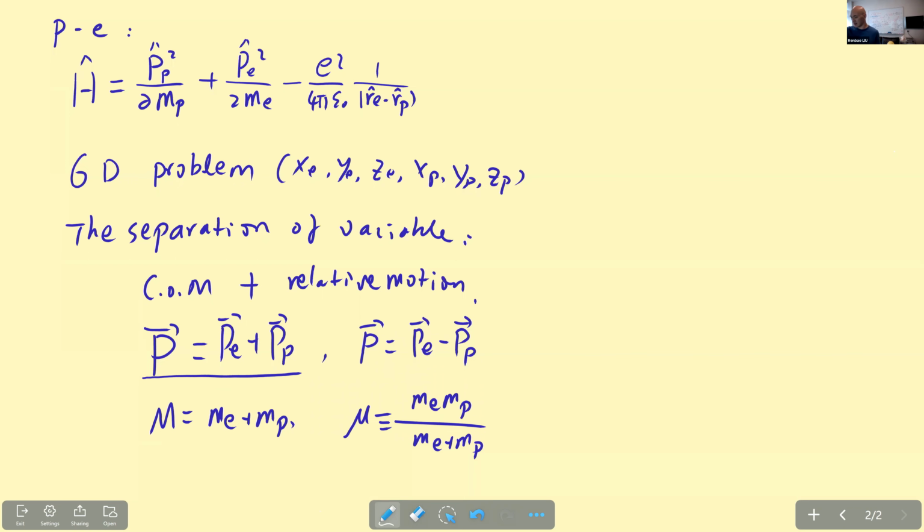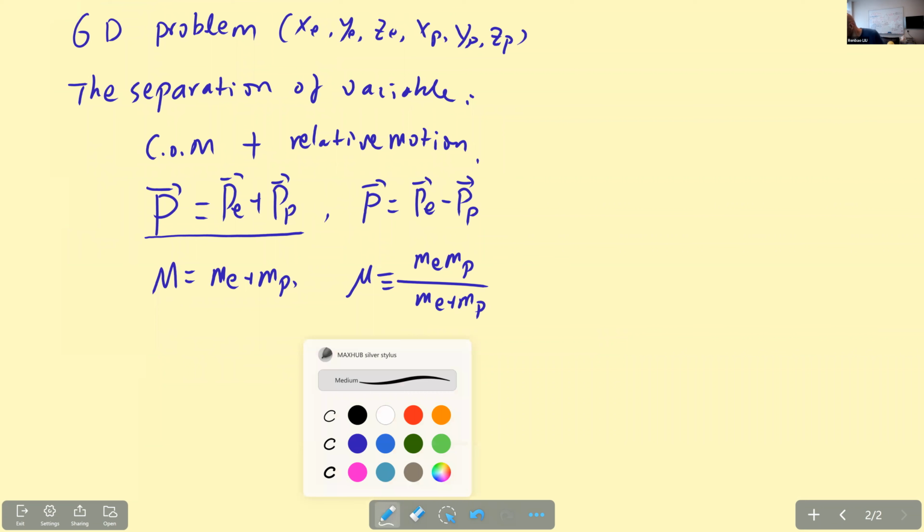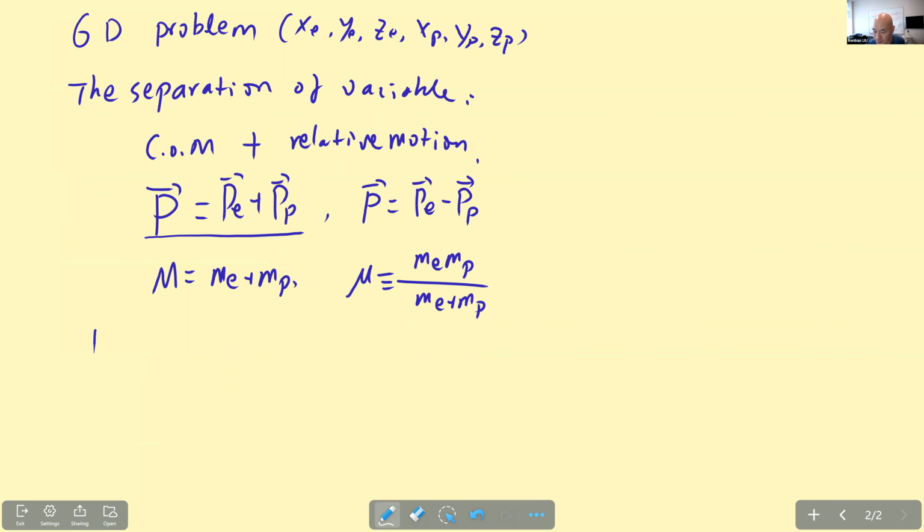Okay. So the Hamiltonian now can be written as 2 parts. One is the center of mass part. Okay, and then you have another one. So that's the relative motion part.